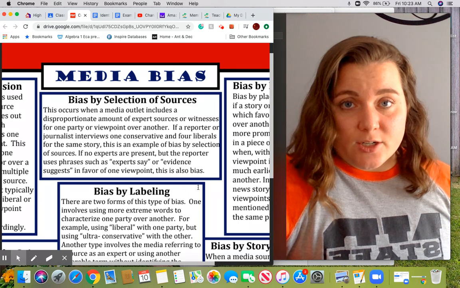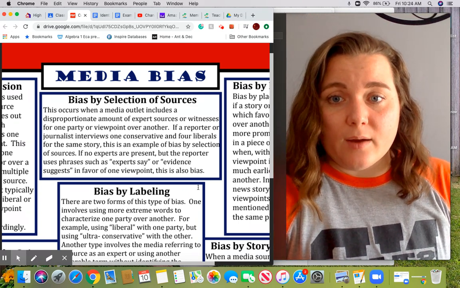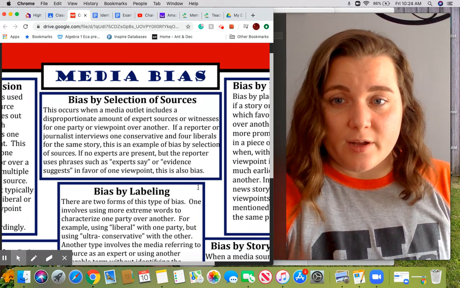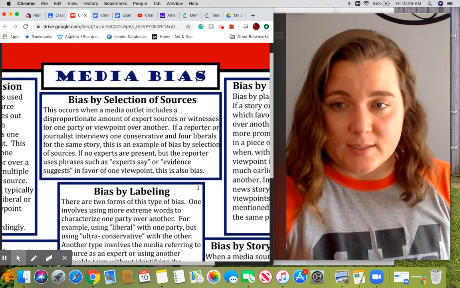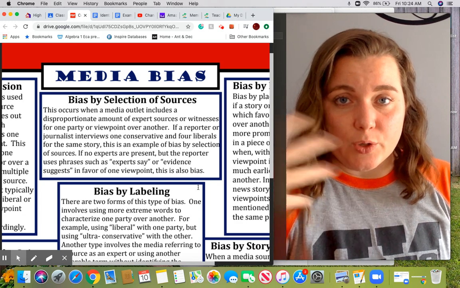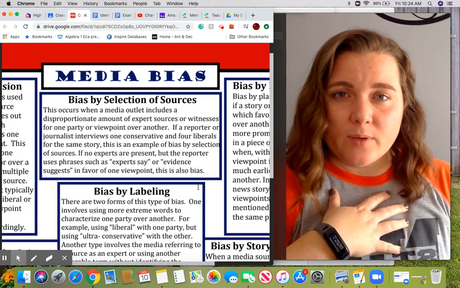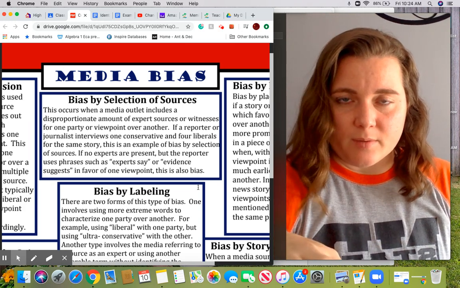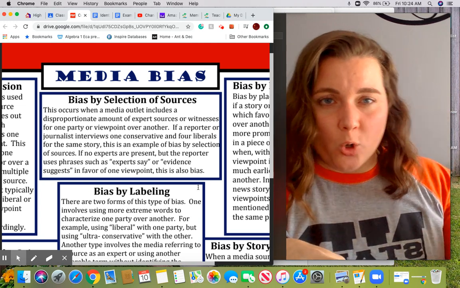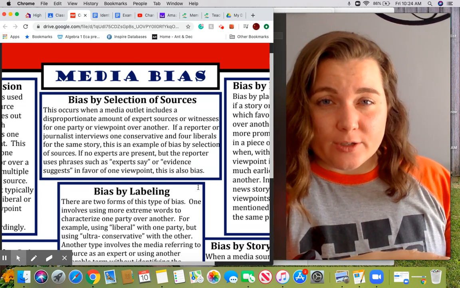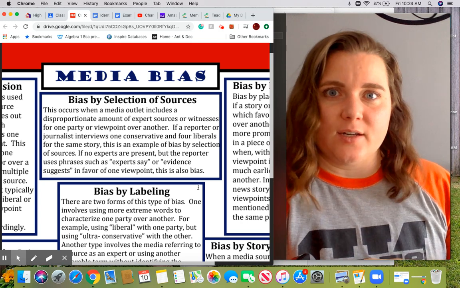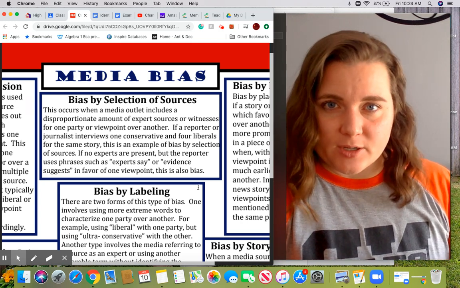So bias by selection of sources occurs when a media outlet includes a disproportionate amount of expert sources or witnesses for one party or viewpoint over another. So let's say I'm a reporter and I want to present to you information about some political policy, but I only go talk to Democratic senators, and that's where I'm getting information.